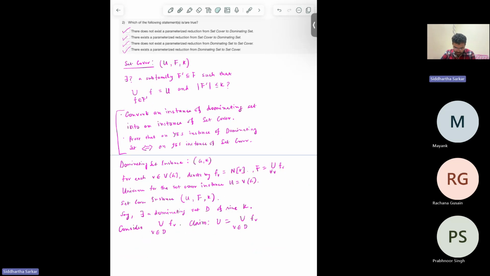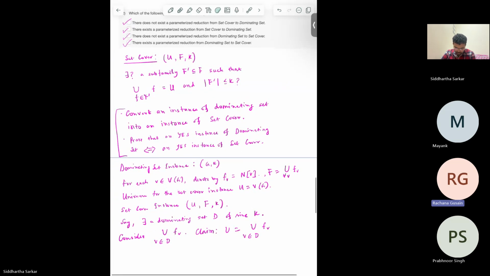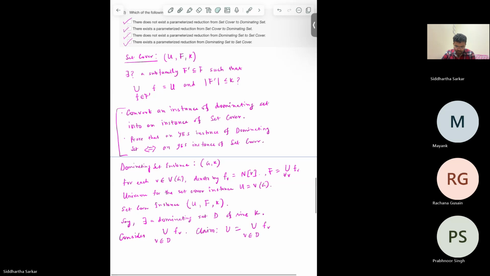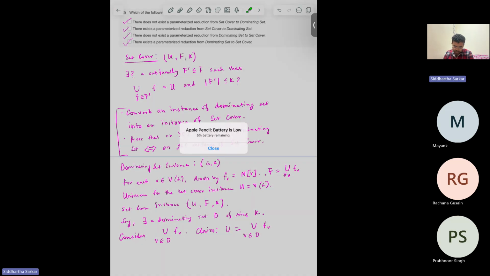So how shall we prove it? This follows by the definition of dominating set itself. Because D is a dominating set, every vertex is either in D or is adjacent to D. Now, what is your universe?